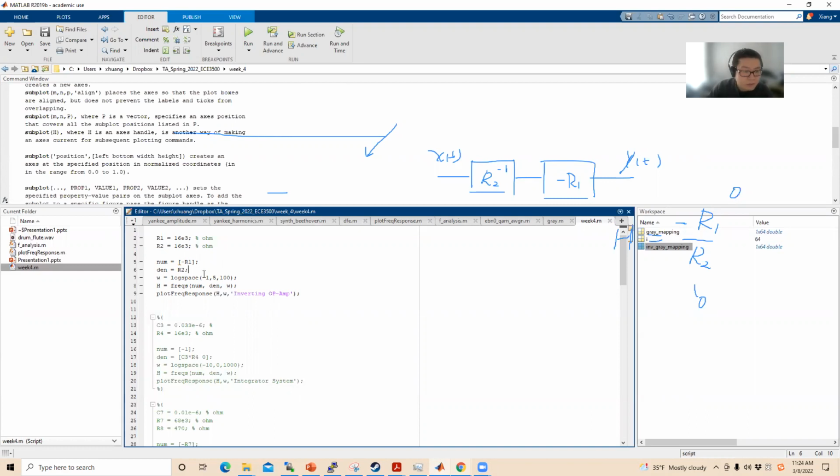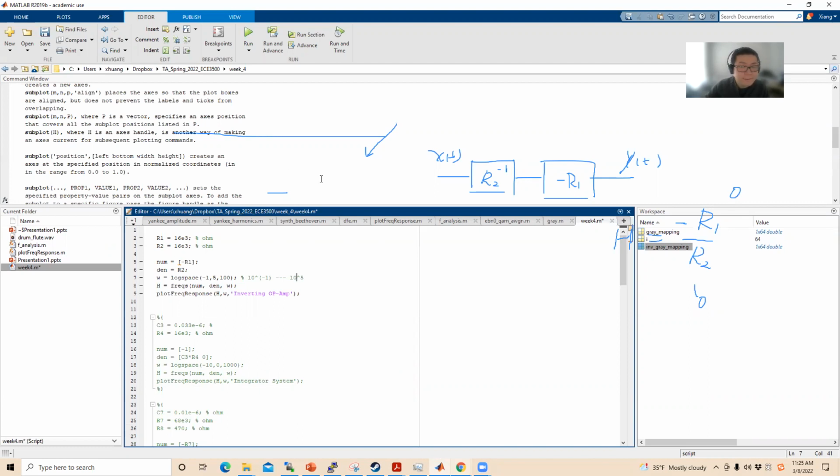It has only one value, so this is R2. I have defined a frequency range by using this built-in function. This function defines the frequency range from 10 to the minus 1 to 10 to the 5. That's what I have defined.